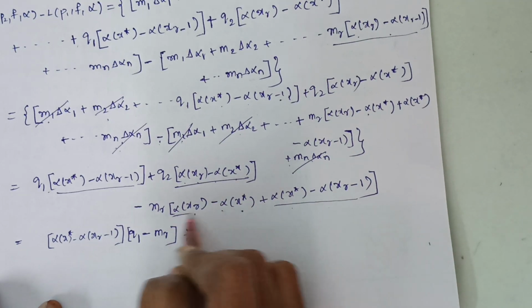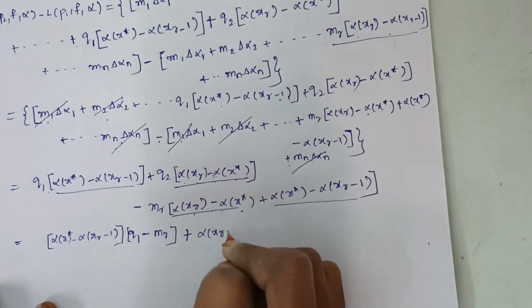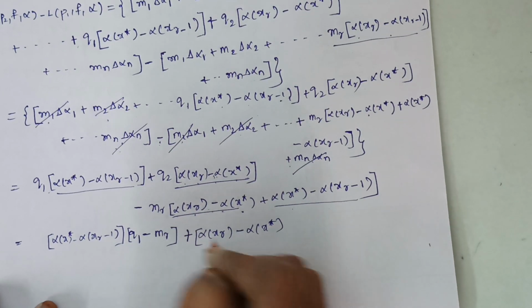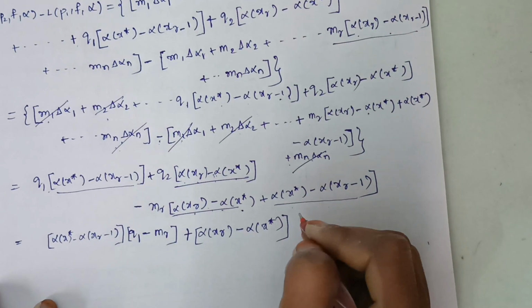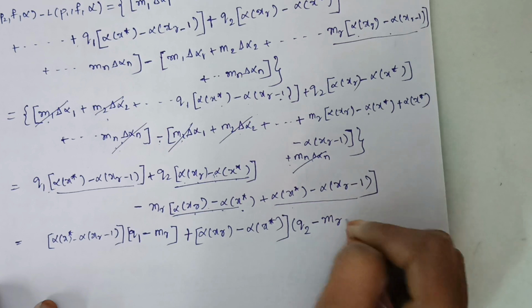So take this term common from both terms: alpha x r minus alpha x star, which is Q2 minus Mr.